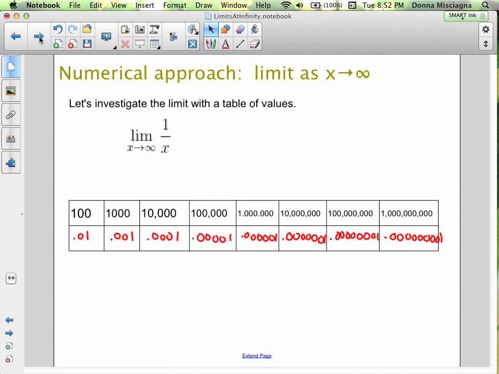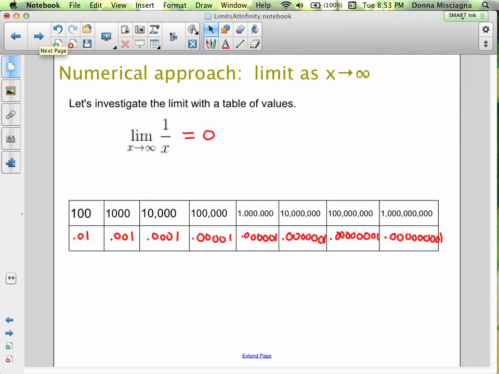So you can see we're getting more and more and more zeros here. These numbers are getting smaller and smaller and smaller. Certainly, a millionth of something is a lot smaller than a 100th of something. So it appears that our limit is going to 0 when we look at our table of values.